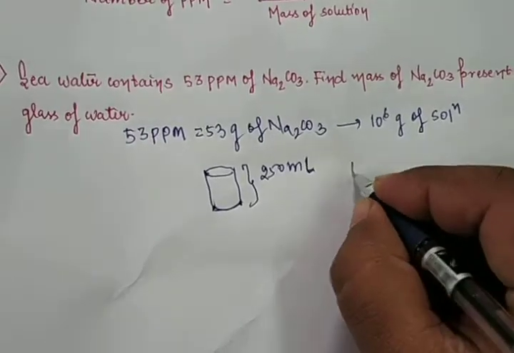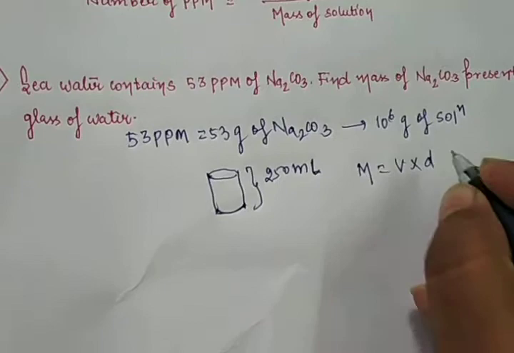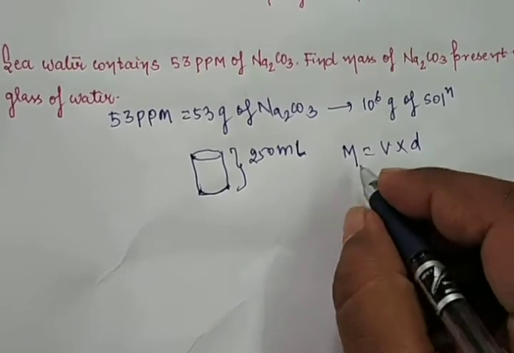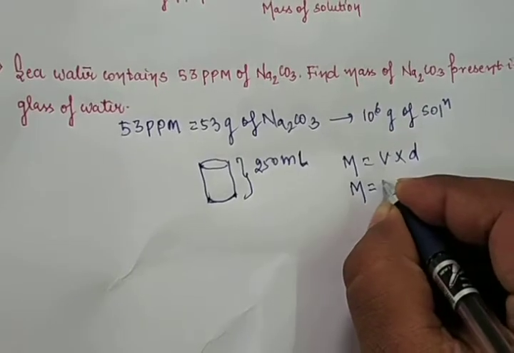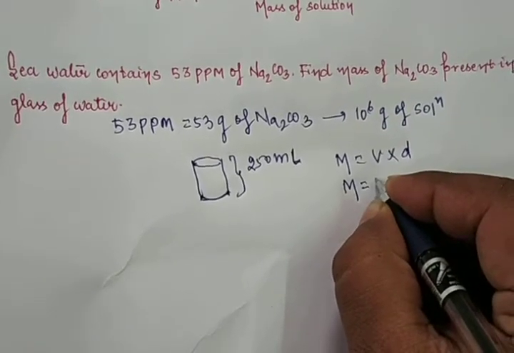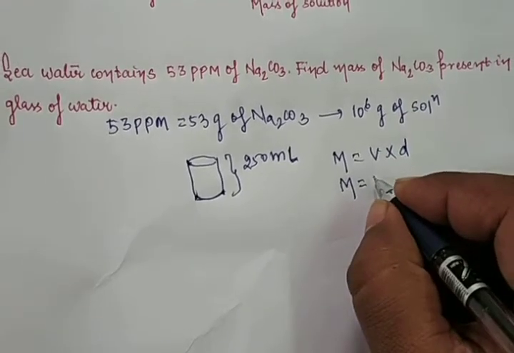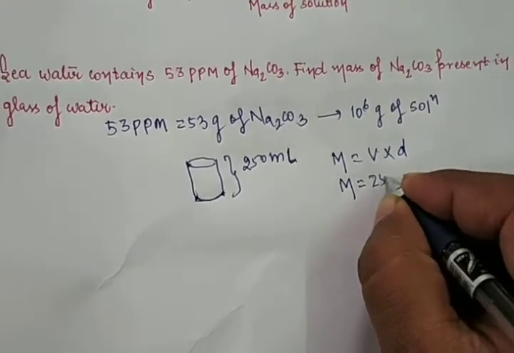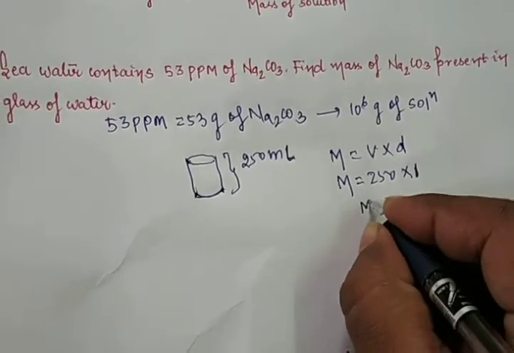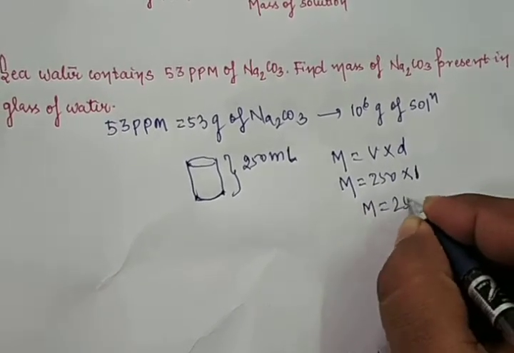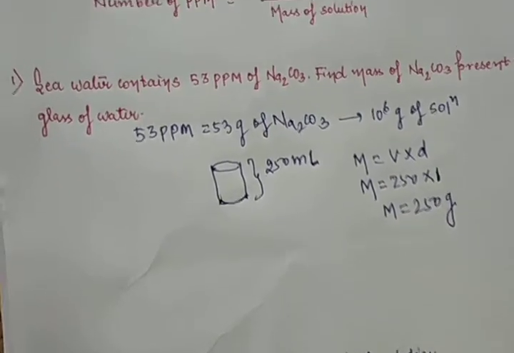You know, mass is equal to volume into density. You find the mass of solution. Volume is 250 ml and density of water you know very well is 1. So there is 250 gram. Clear student?